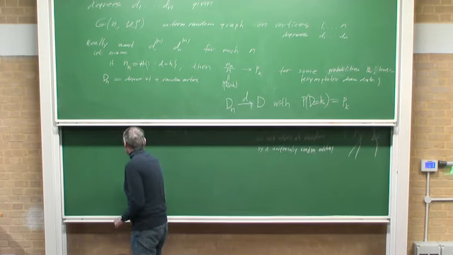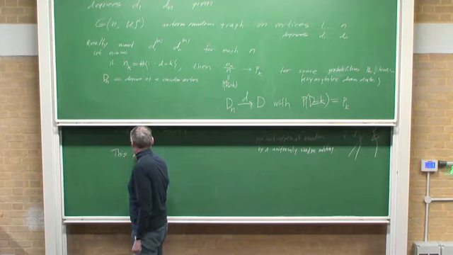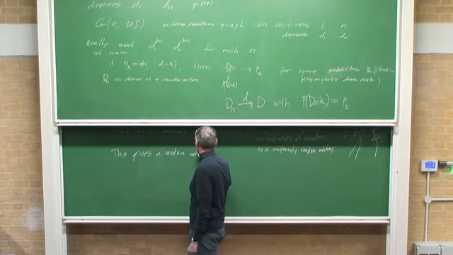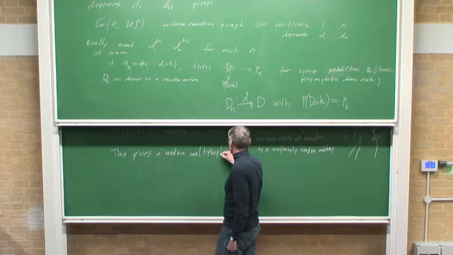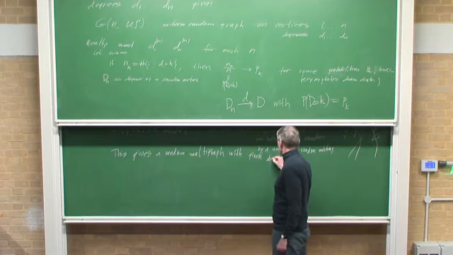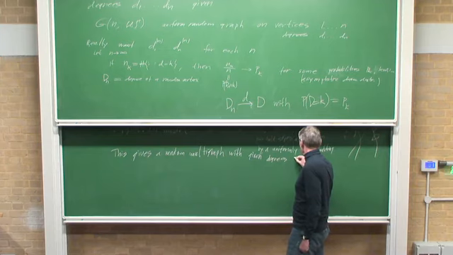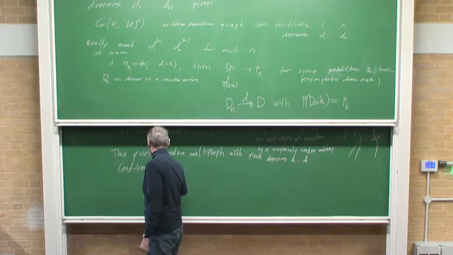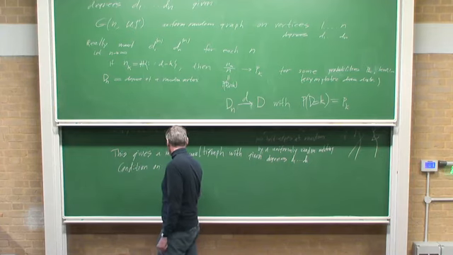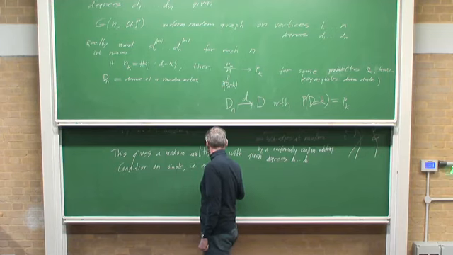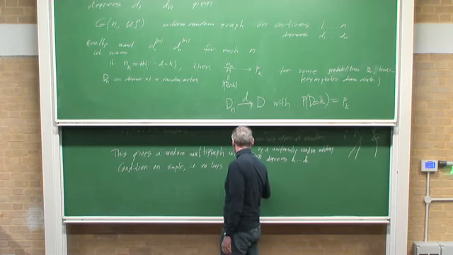So, say, the configuration model really gives a random multigraph with given degrees d1 to dn. And now condition on being simple, which means no loops and no multiple edges.